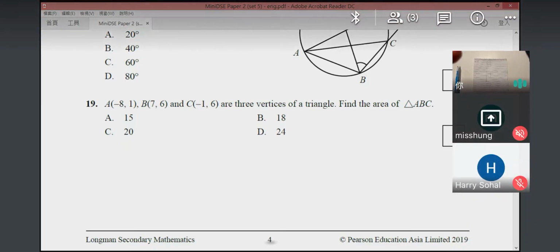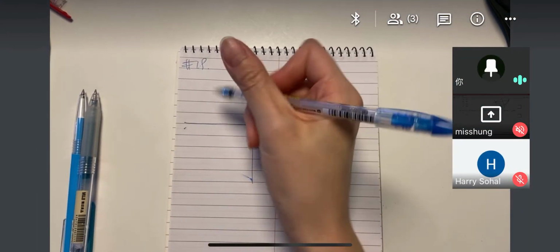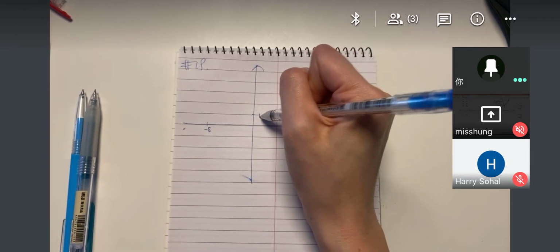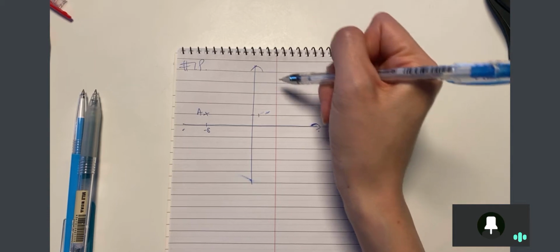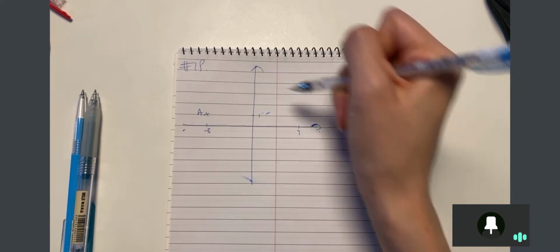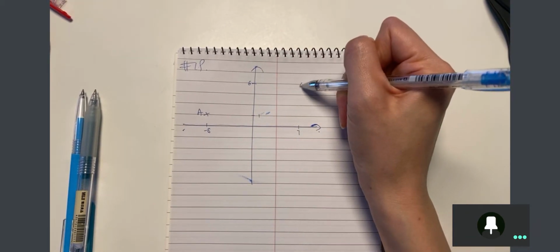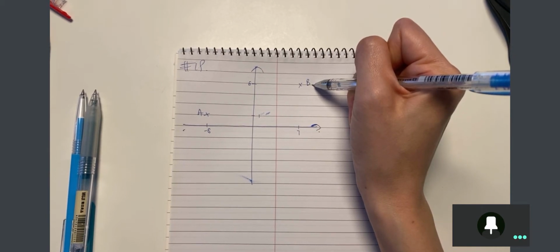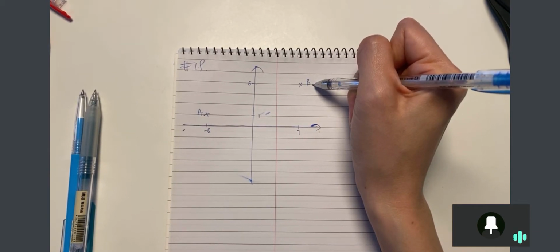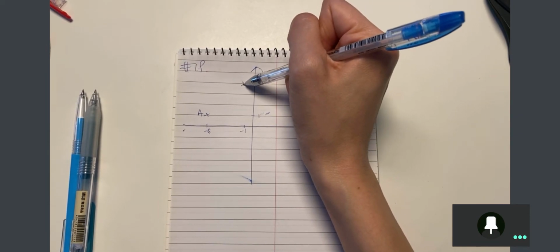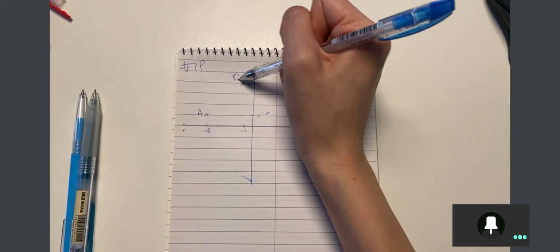Let's have a draft first. Point A is -8 and 1, so A is here. And then 7, 6 is B, so B is here. And for C, it is -1, 6. So C is here.